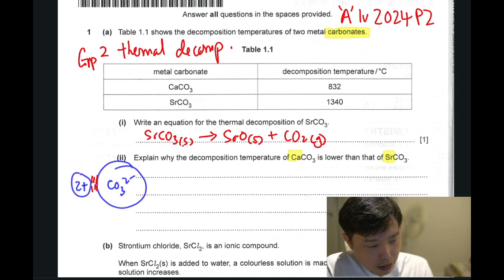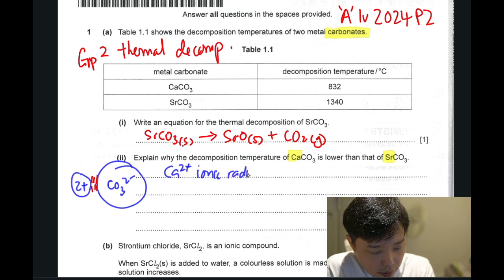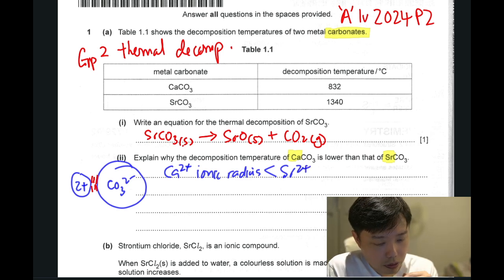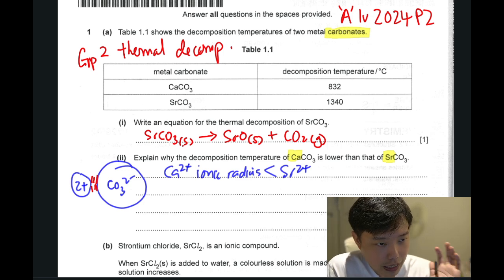Because calcium's ionic radius is smaller than the strontium cation, but the charge is both 2 plus, that's why the charge density of calcium is going to be higher. So it will be more polarizing.